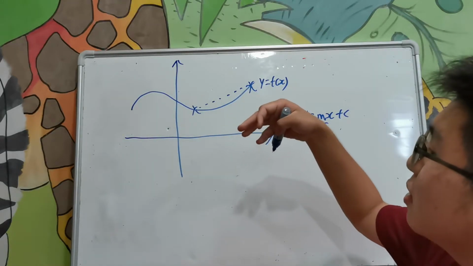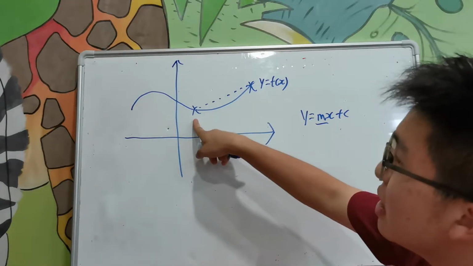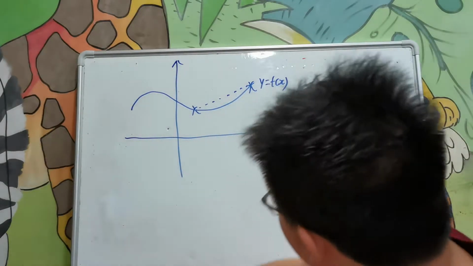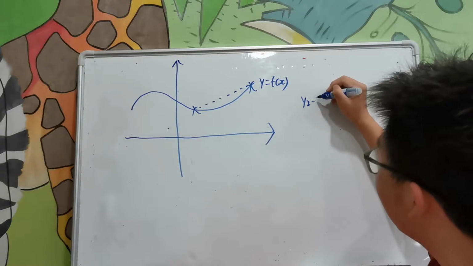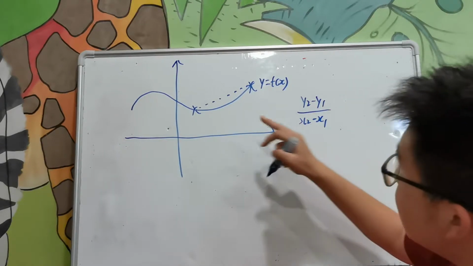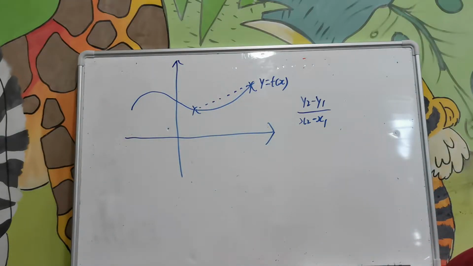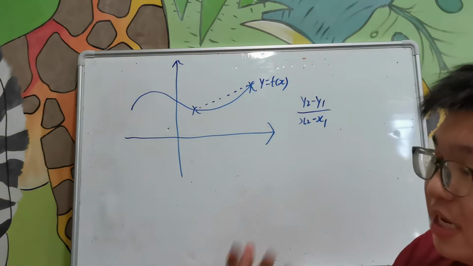So this is of course with me having knowledge of the x and y values here and the x and y values here. If I were to do y2 minus y1 over x2 minus x1, this is called the average rate of change of a graph from 2 points. So that is the rate of change part of differentiation settled.